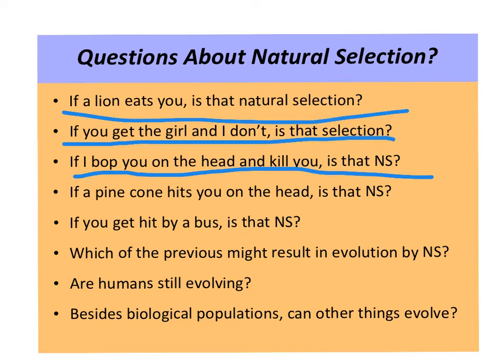Now, it's still selection. You're dead. You're not leaving your offspring. But it's not going to change the frequency of alleles in the future. Unless, of course, perhaps, if enough individuals get hit on the head with pine cones, certain individuals will avoid those places, and then that might lead to natural selection.